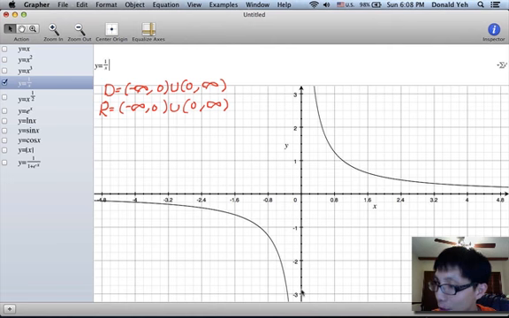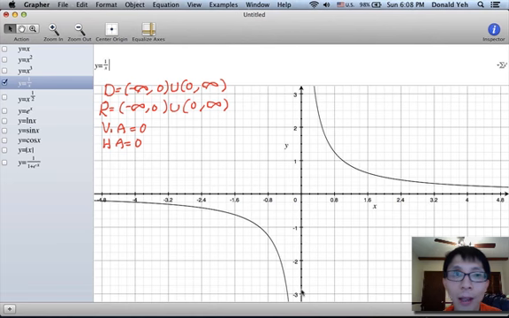This one has a vertical asymptote and a horizontal asymptote at 0. This one doesn't have an x or y intercept, but the vertical asymptote and horizontal asymptote are at 0. So that's where the shift happens.